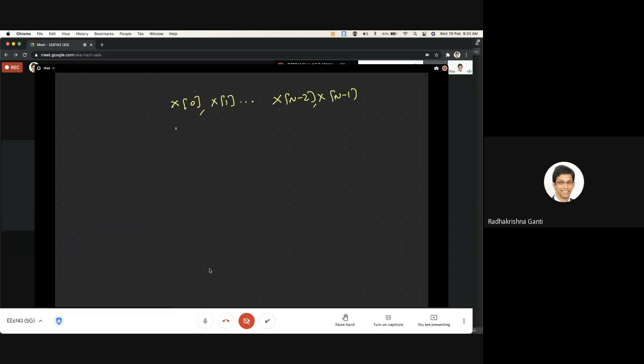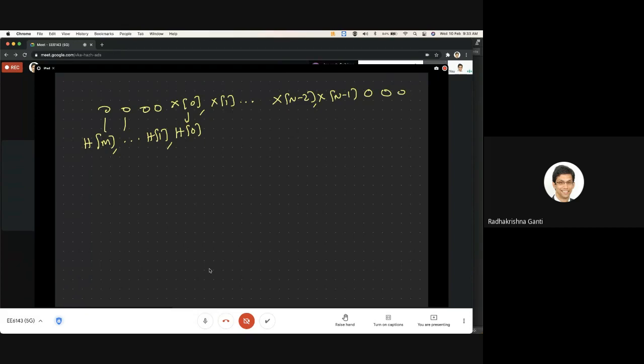Essentially, I write my h of 0, h of 1 in the reverse order, up to h of m. You assume that there are zeros everywhere else, and you take the product of all these numbers and add them up. Then you get your first output.